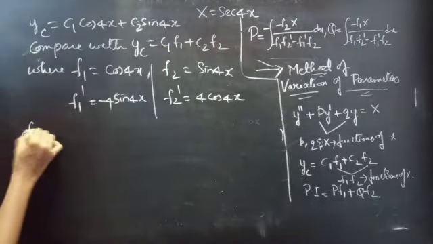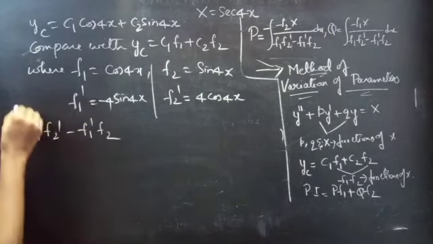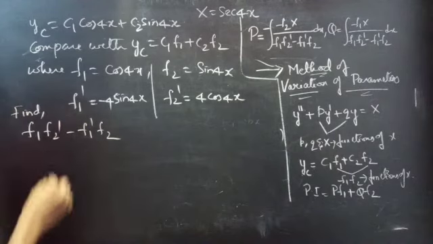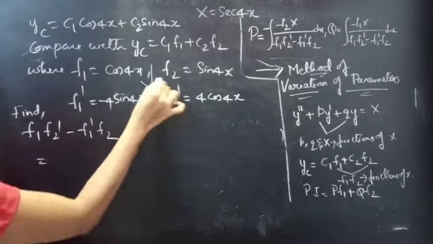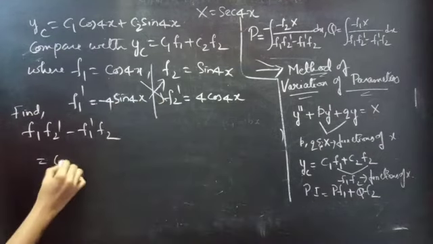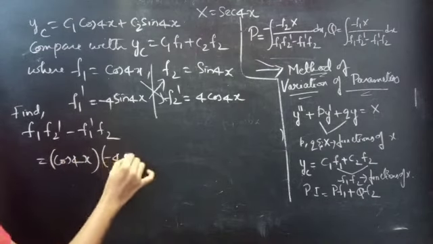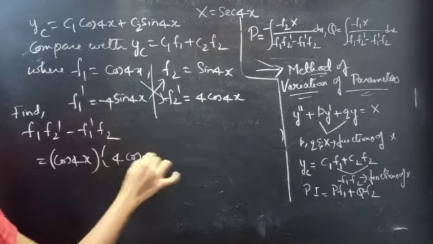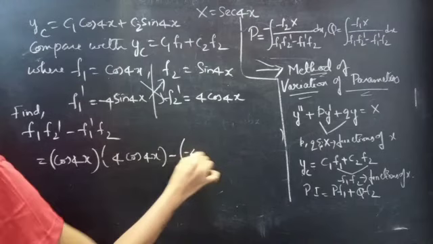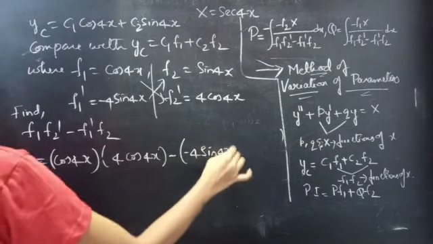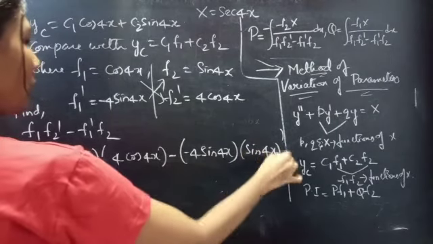So let's find f1 f2 dash minus f1 dash f2. f1 is cos 4x into f2 dash, which is 4 cos 4x, minus f1 dash, which is minus 4 sin 4x, into f2, which is sin 4x.